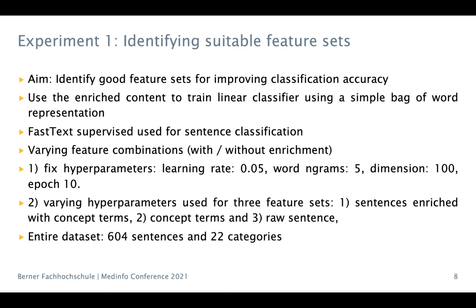The first one, I used fixed hyperparameters, and then in a second set of experiments, I varied hyperparameters and only considered 3 feature sets. This experiment was conducted on all 604 sentences and over the 22 categories.